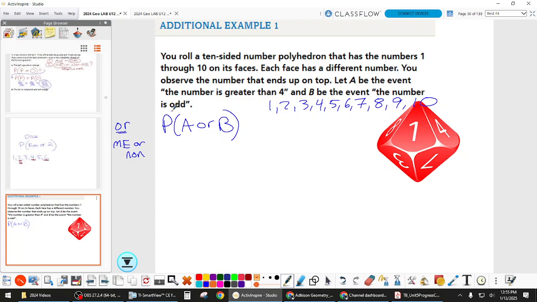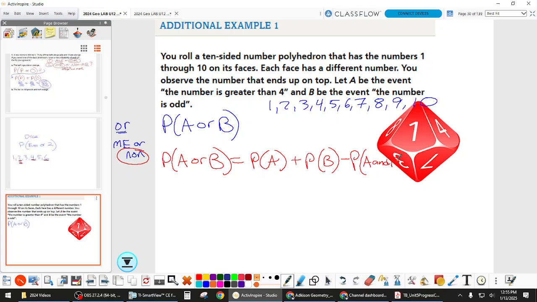Okay? So, because you can be both at the same time, what do we have to do? Alright, so that's going to say A plus B. What goes here? Minus A and B. Okay? Both.